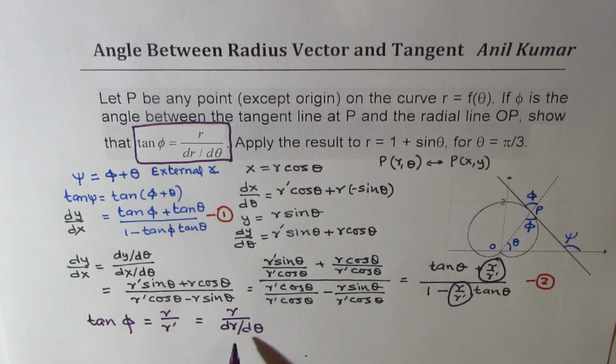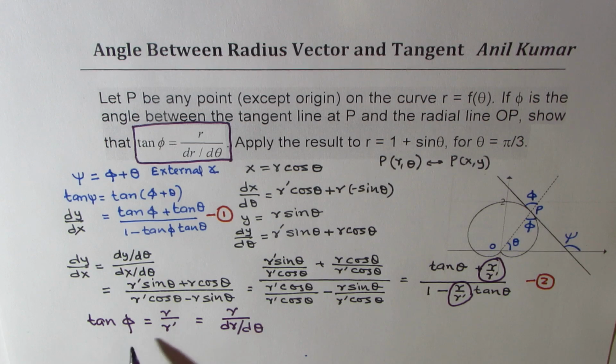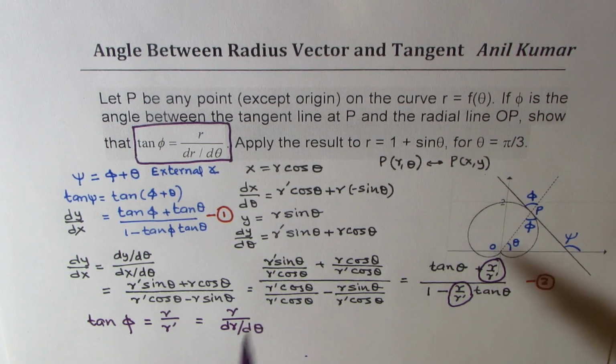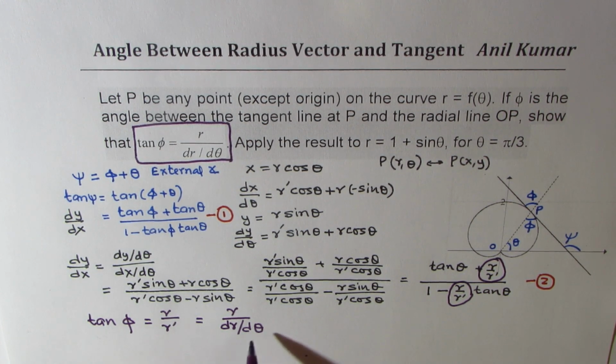Now this is an extremely important formula to remember. We can always apply this formula, and then once you have this, tan inverse of that will give us angle phi. Correct? So that is how this formula can be utilized to calculate the angle between radius vector and the tangent. Okay? Now many times we also use the reciprocal of this.